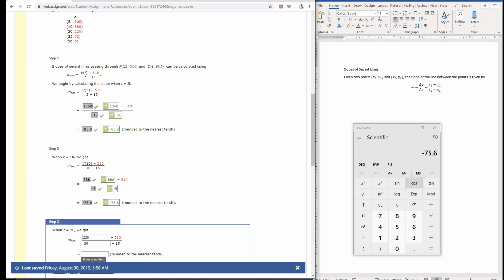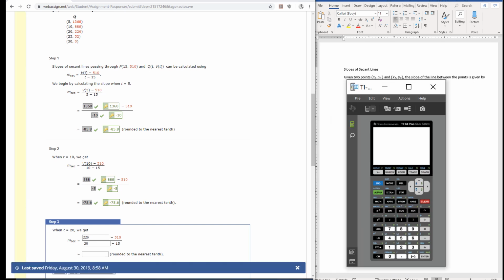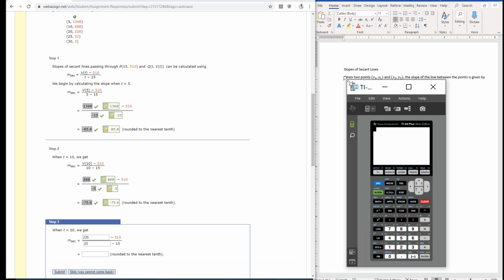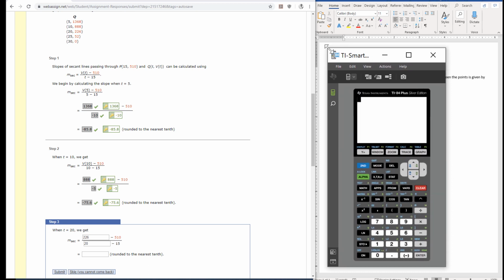Now let's try our graphing calculator, to see how we would do this if we had one. Again, you can do this in one shot by using parentheses, and with the graphing calculator you can actually see what you're putting into your screen.